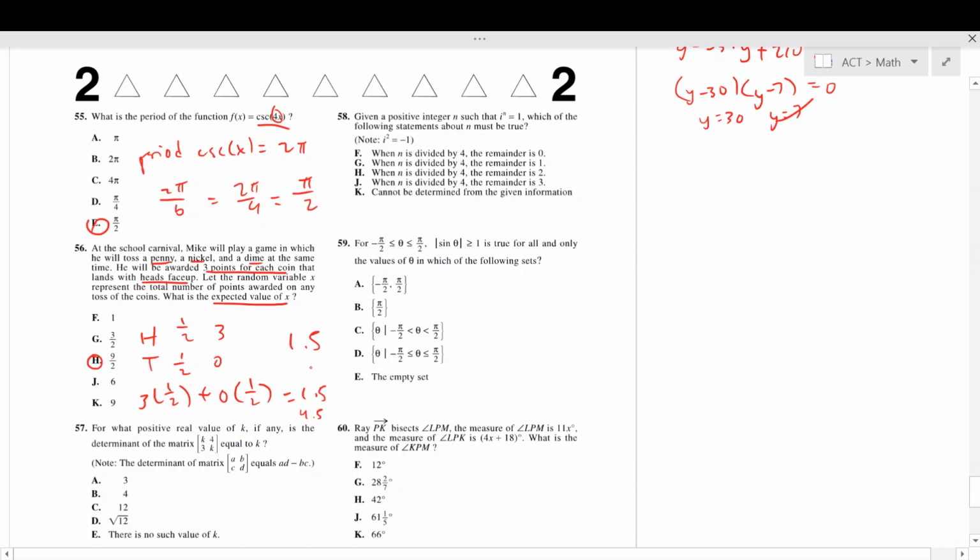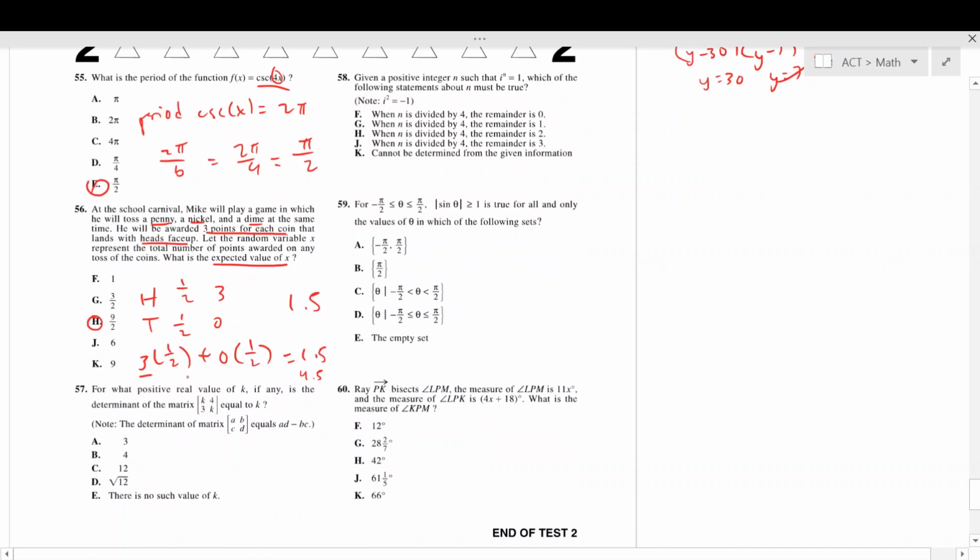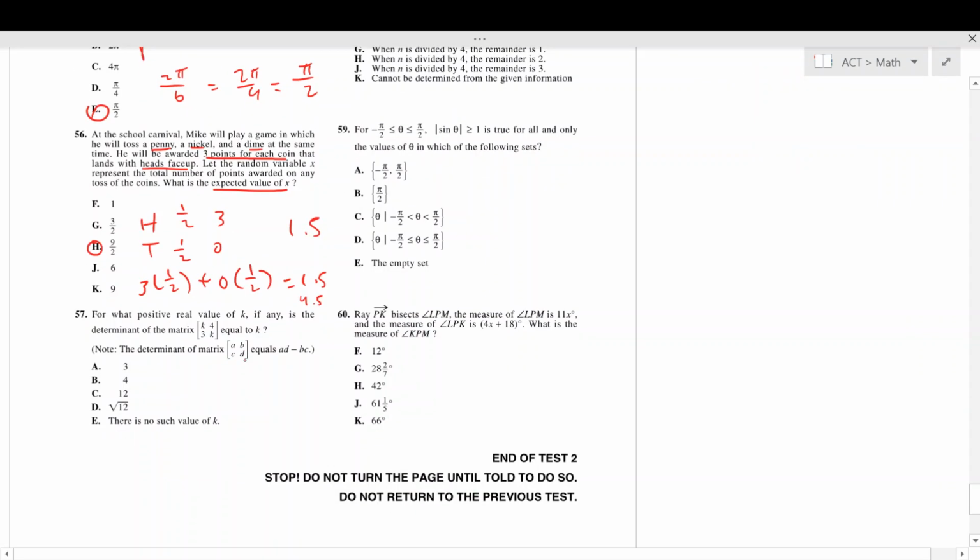That's expected points per toss. And that's where this formula came from. You take the number of points multiplied by its probability, do that for all the numbers of points with their respective probabilities, and then add all those together. That's where the expected value formula came from.